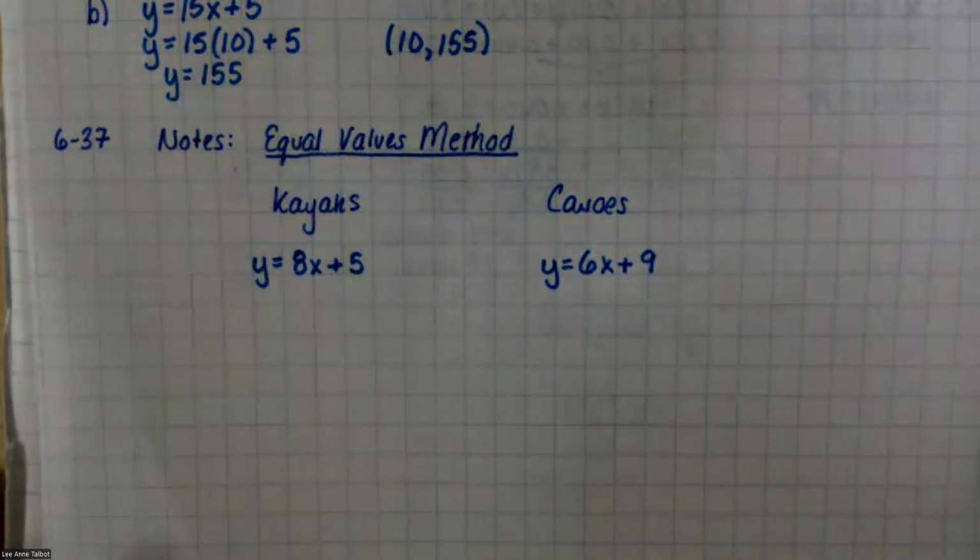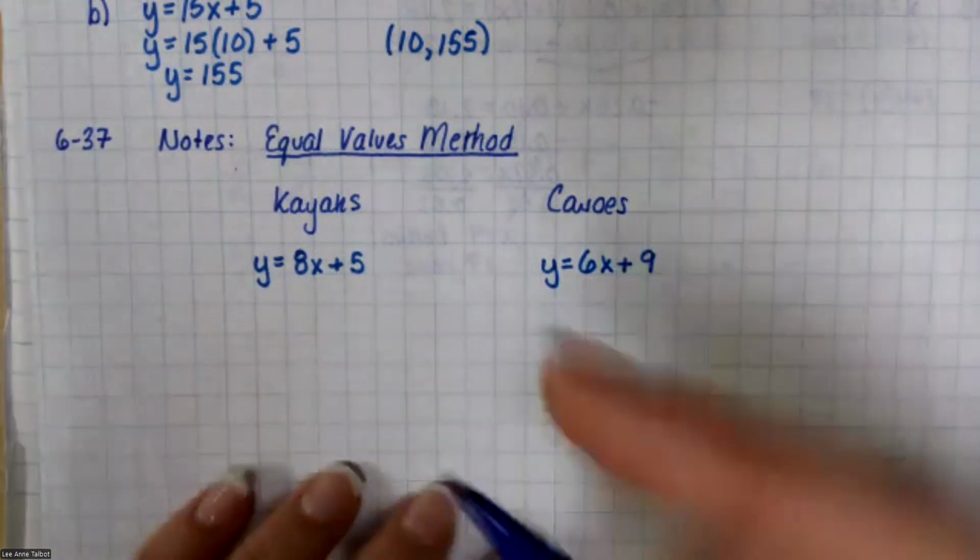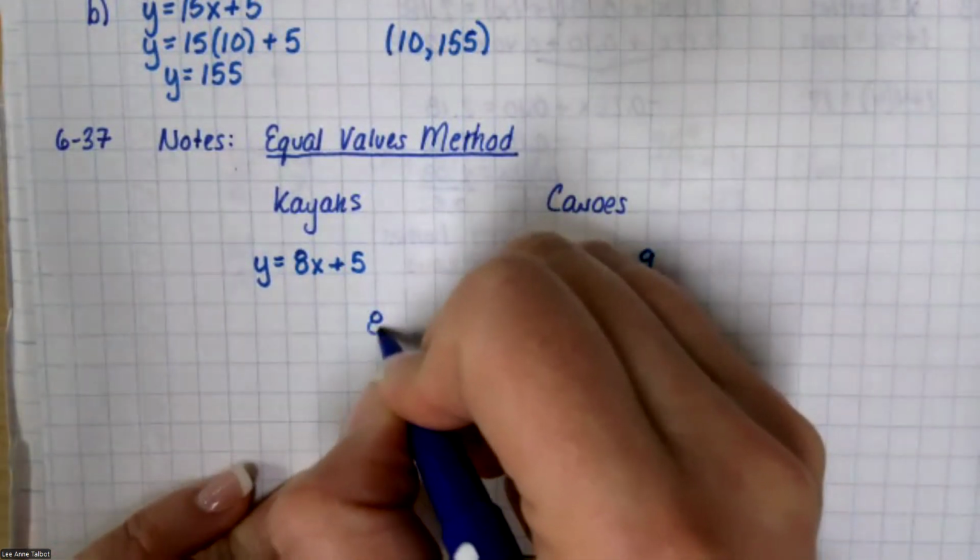Okay, now both equations equal y, correct? So that means that we can equal them to each other. Equal values method.